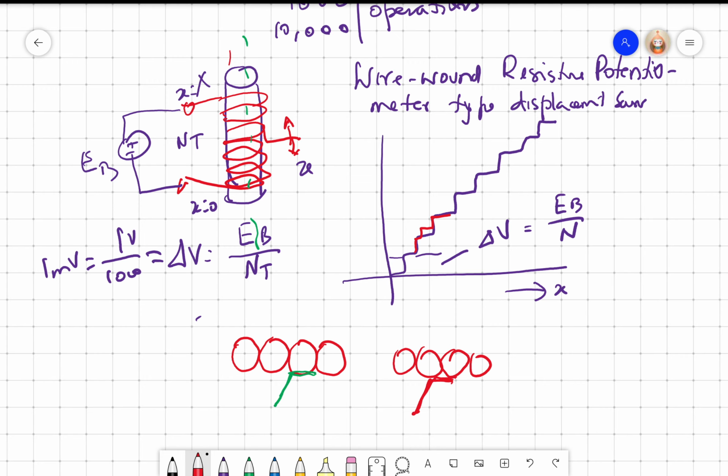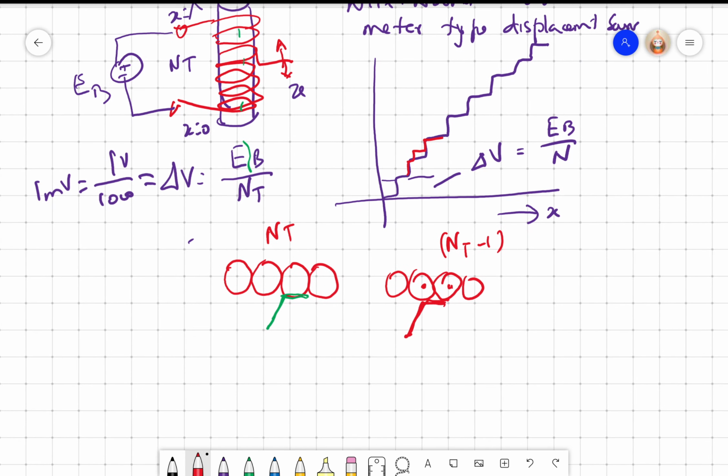What happens? This turn and this turn are shorted. So here I will get NT turns, here I will get NT minus 1 turn fully, because the wiper shorts two adjacent turns. I am assuming the wiper to have a length of only one diameter of the wire, but in practice we give several diameters, it doesn't matter, it will always be NT and NT minus 1, right?